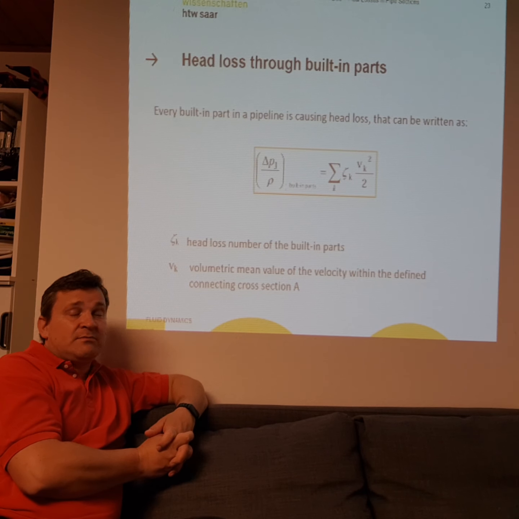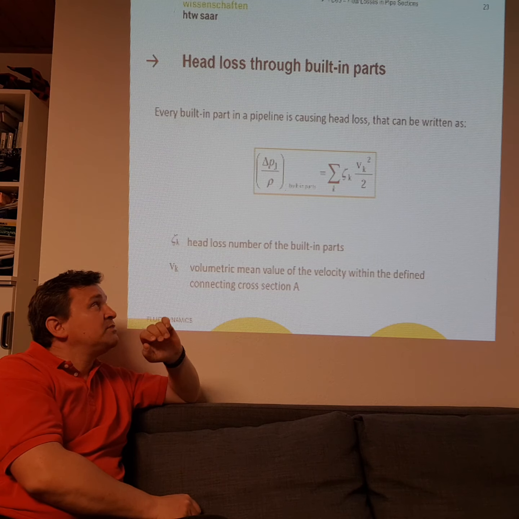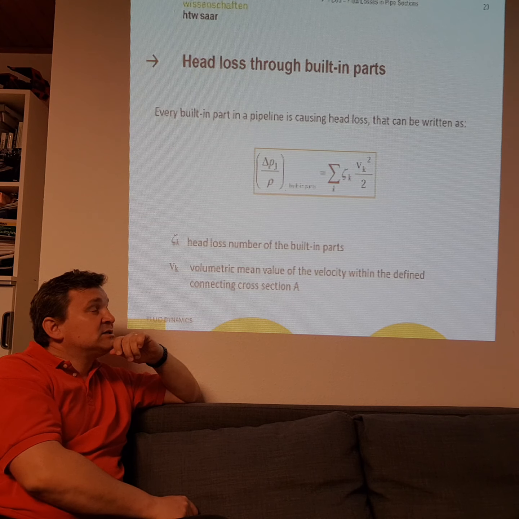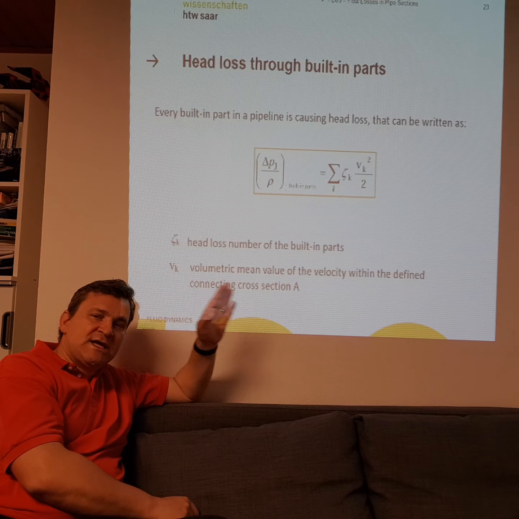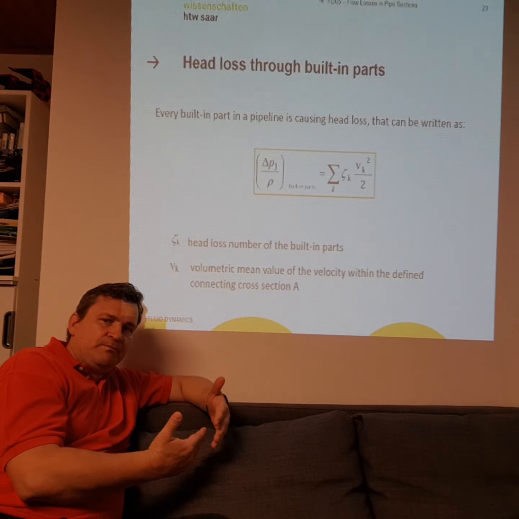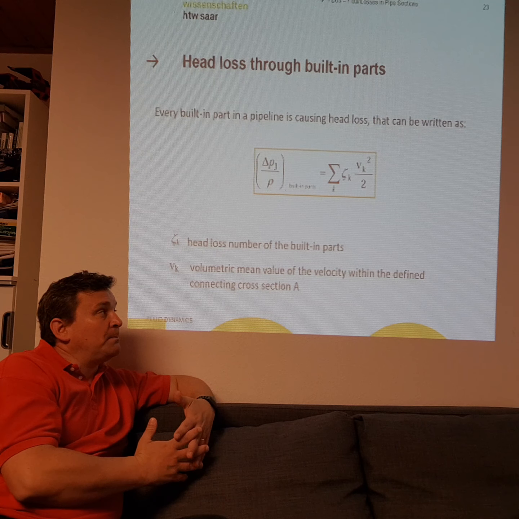If you multiply this equation with the density rho, you get a pressure drop of velocity squared divided by 2 times rho. And this again is the dynamic pressure of the formulation of Bernoulli's law.